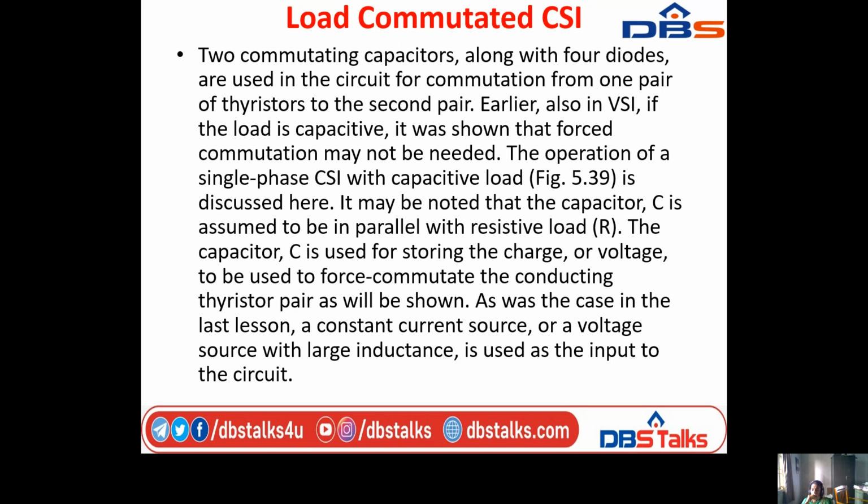Actually, in a VSI, voltage source inverter, if the load is capacitive, it is shown that forced commutation may not be needed. The operation of a single-phase CSC with a capacitive load is discussed here. It may be noted that capacitor C is assumed to be in parallel with the resistive load.